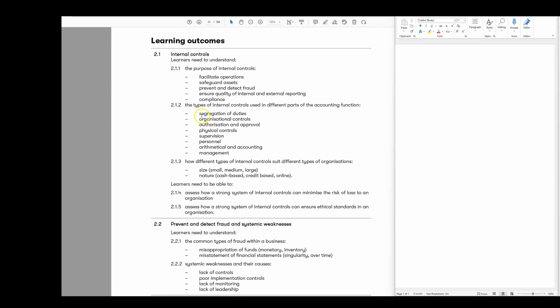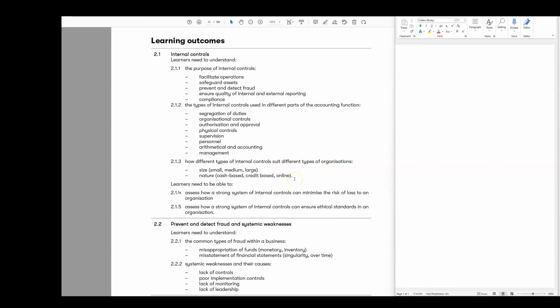For example, the segregation of duties, then organizational control, authorization and approval, physical control, supervision, personnel, arithmetical and accounting, and management. So this sort of control is normally what the business uses in order to make sure there is a proper control in place.